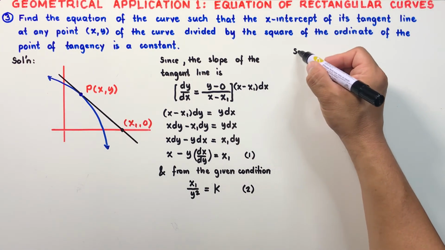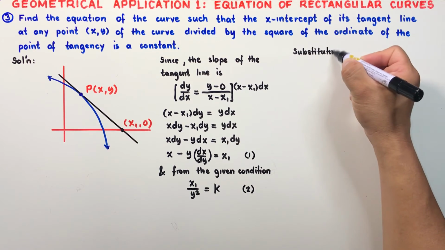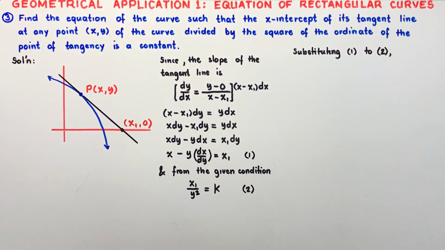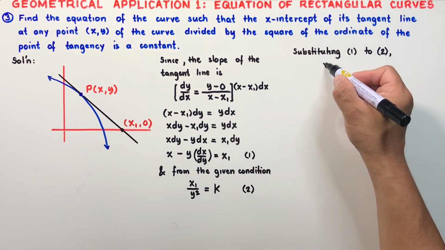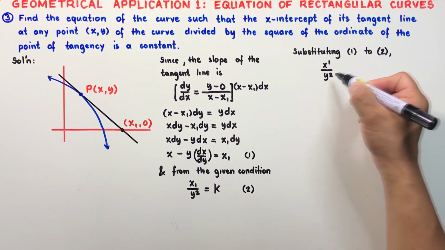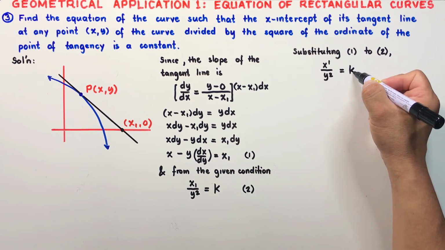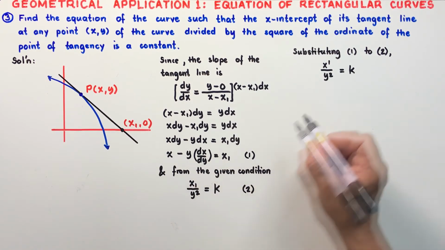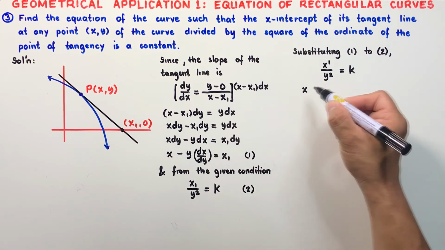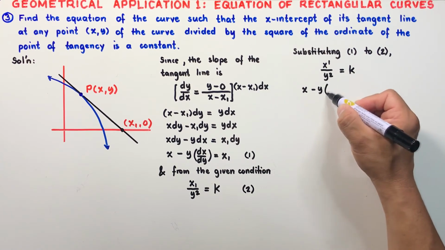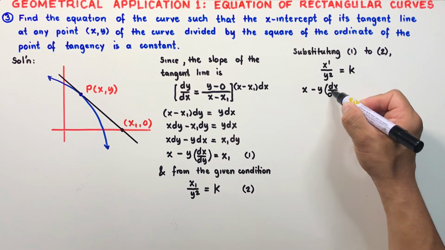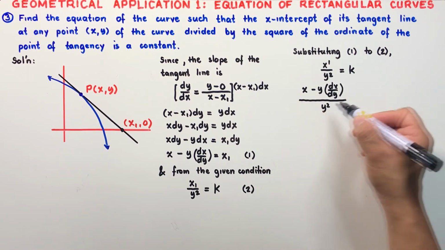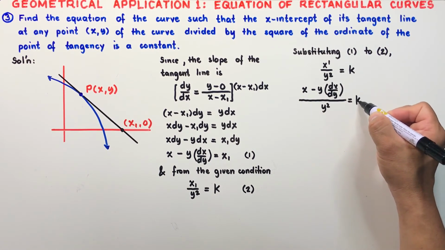So substituting equation 1 to equation 2, we have x sub 1 over y squared, which is a constant. We can substitute the value of x sub 1 from equation 1. So we have x minus y times dx over dy, divided by y squared, which is equal to k.